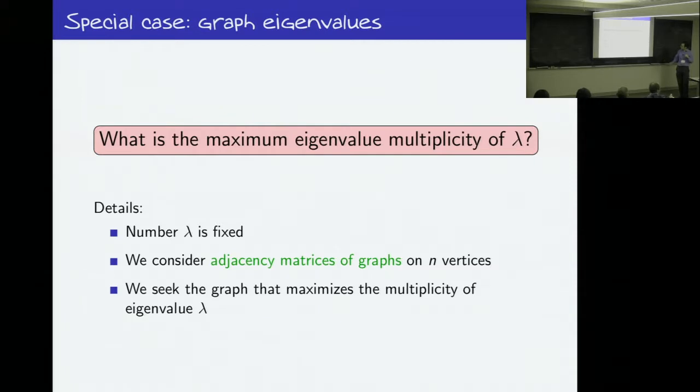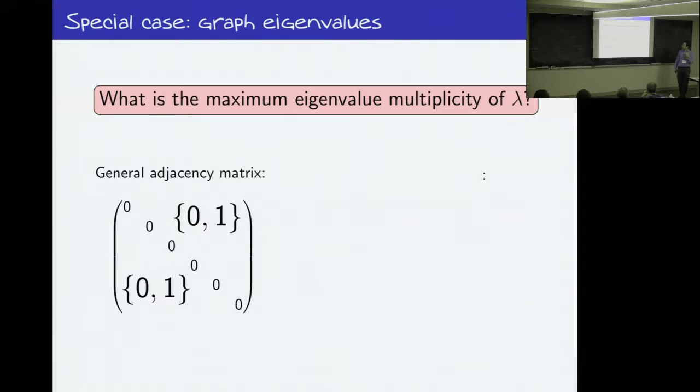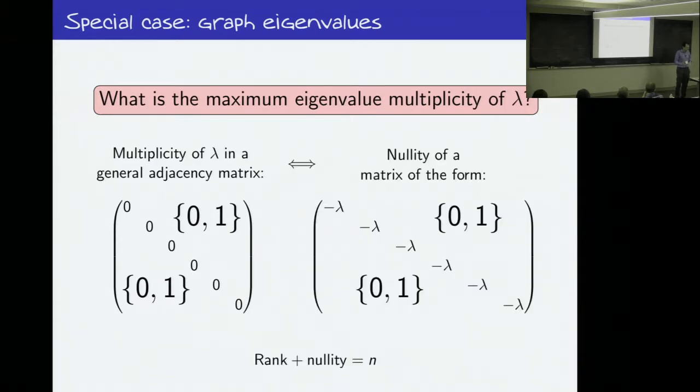So this is again a problem of the same flavor. So let's just do the translation. The adjacency matrix of a graph is a 0-1 matrix. So 0 diagonals, 0-1 elsewhere. I'm interested in the eigenvalue multiplicity. The eigenvalue multiplicity is the nullity of the matrix which is obtained from the original matrix by subtracting negative lambda times the identity.